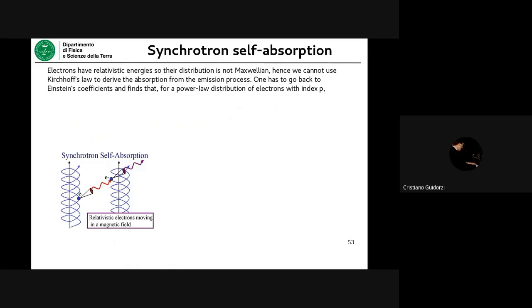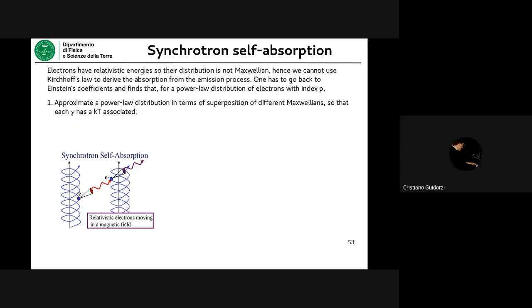To do this, we use a trick. And the trick is this. We assume that, of course, the population of electrons is by no way a Maxwellian. It's a power law. But we can think of this power law as the result of a superposition of many different Maxwellians, and having in mind each of these Maxwellian distributions, of course, you can associate a temperature.